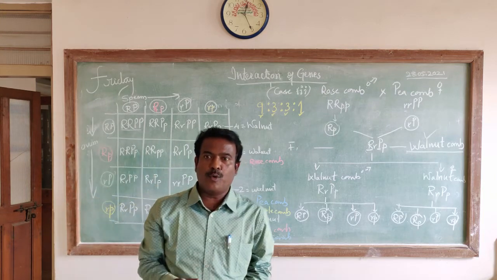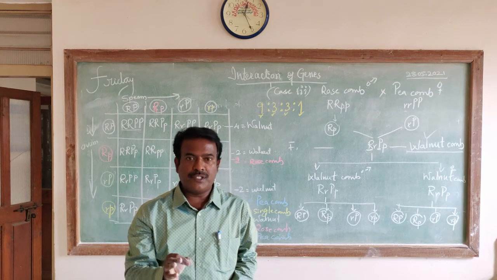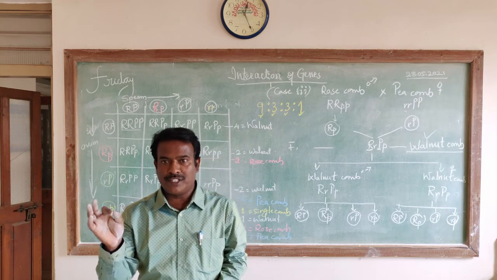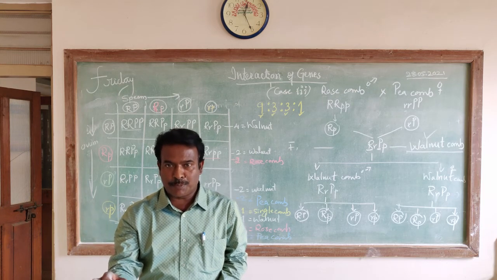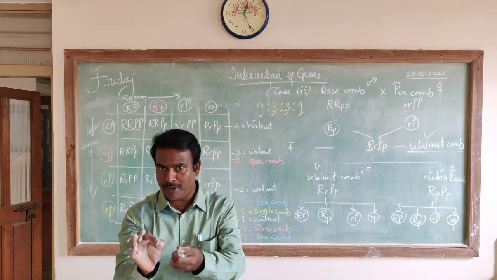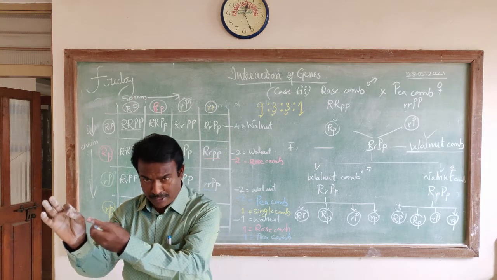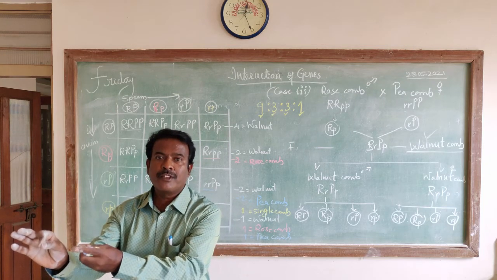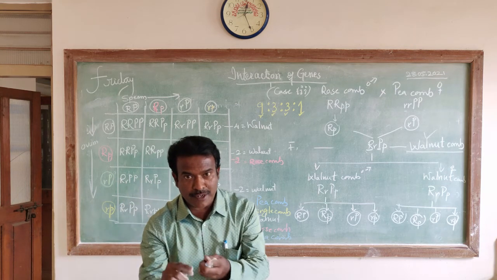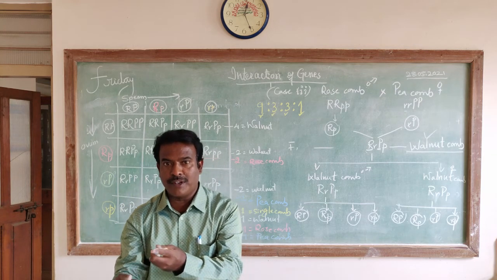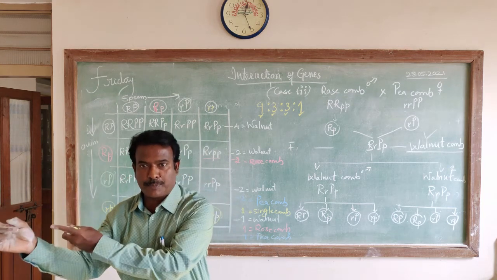Okay, and what are supplementary factors? Supplementary factors or supplementary genes are the 2 dominant genes where one dominant gene expresses its respective phenotype, whereas another dominant gene by interacting with the previous will modify its expression.